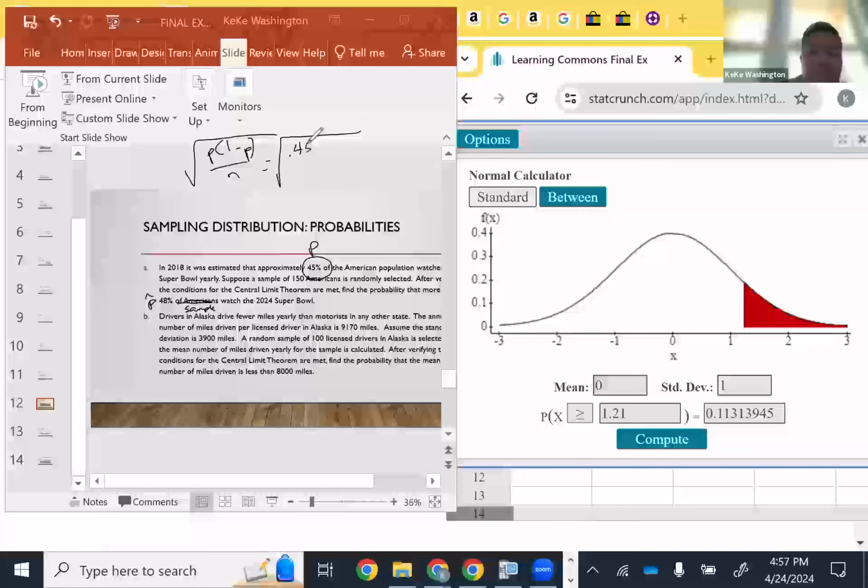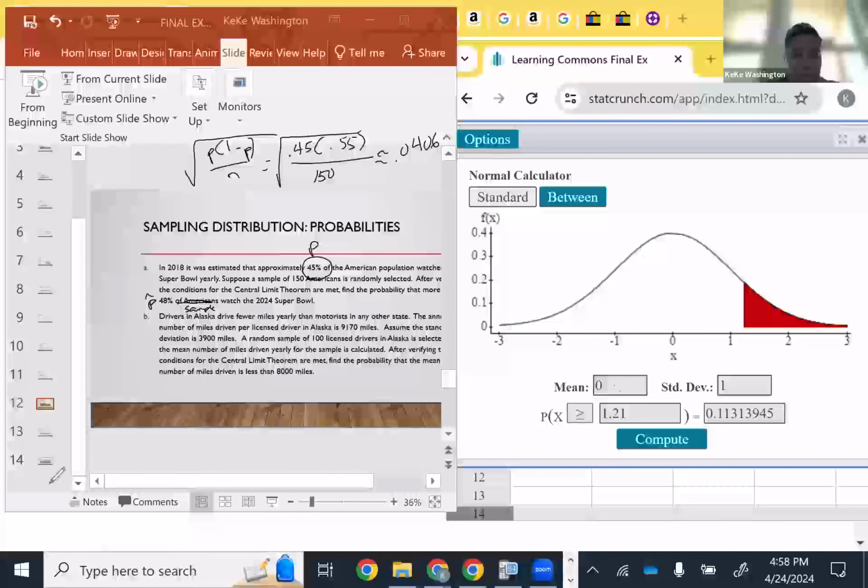So my P is 45%, and 1 minus 45% is 55%. And my sample size, we had 150 Americans. So go to my calculator and enter that information in. That gives me approximately 0.0406.